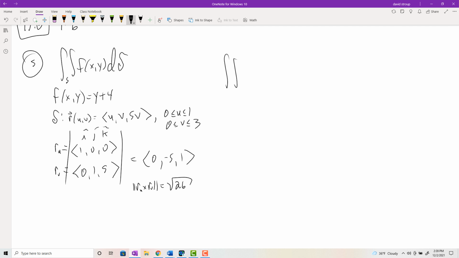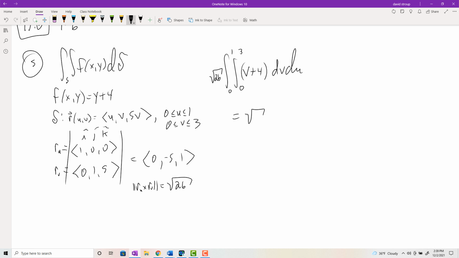So y is v, then plus 4, and then I'll be going dv, du. And then I also need that square root of 26. It's a constant, so you could just pull it out and put it in front. And then the v's are going from 0 to 3, and the u is going from 0 to 1. Sometimes you have to leave that cross product inside the integral, but in this case we got lucky.